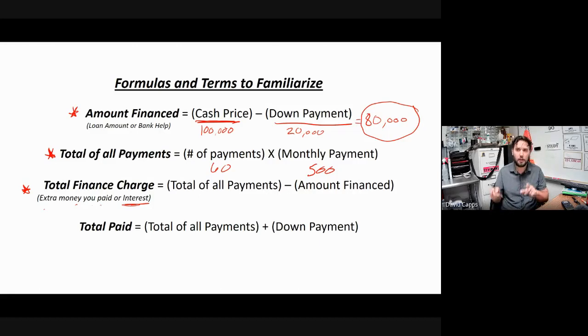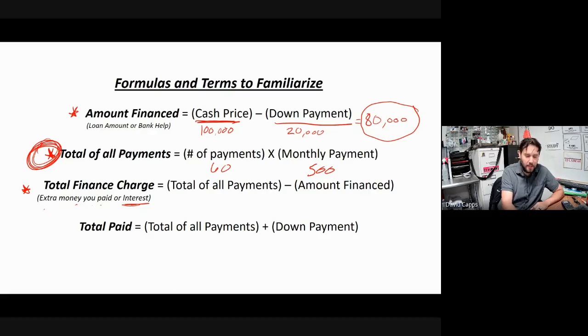How much are they going to charge me to take out that $80,000? Are they going to charge me $500? Are they going to charge me $5,000 to take out $80,000? Well, to figure that out, you take your total of all payments, which is what you found right here, minus the amount financed, because they gave you that money.